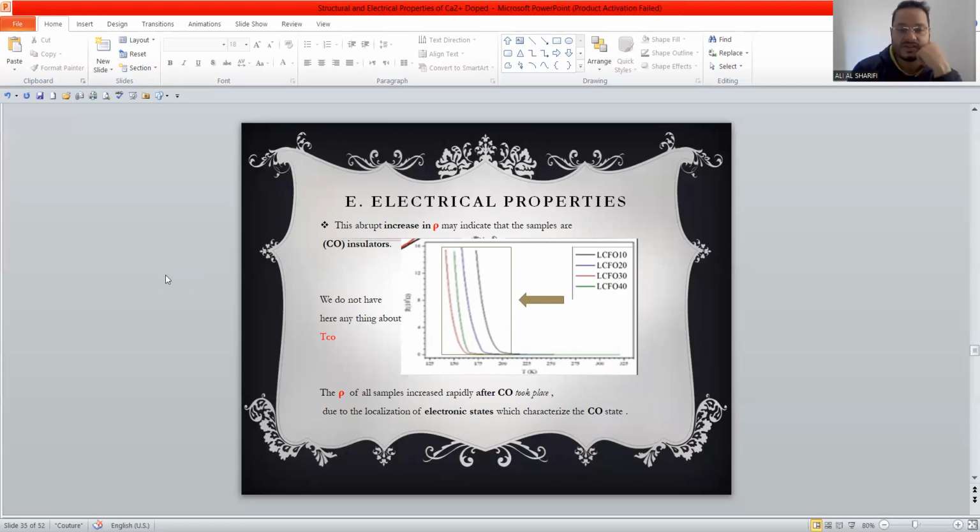Now we will start to talk about charge ordering and the charge ordering temperature related to it. Let's start. This abrupt increase in resistivity may indicate the samples are charge ordering insulating. There is some relation between this sudden exponential increase and the charge ordering temperature.